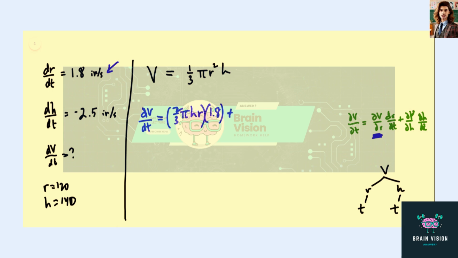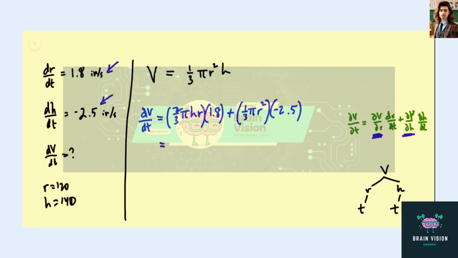Good. Now plus, we need partial of V with respect to h. So again, if h is the variable, everything else is just treated as a constant. So that's partial of V with respect to h times dh/dt. That was also given to us, negative 2.5 inches per second. So we have everything we need.